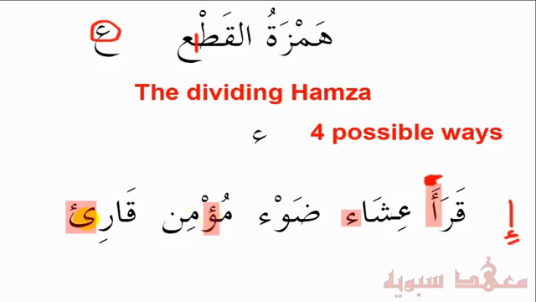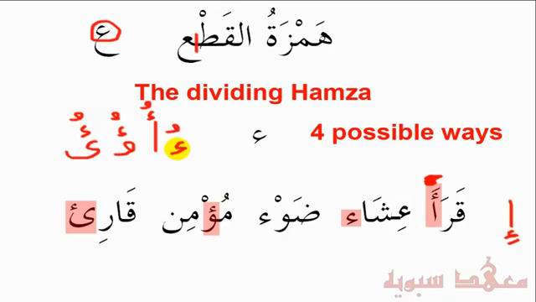Now let's say we have the Hamza alone, the Hamza with an alif, the Hamza with a waw, and the Hamza with a ya. And let's give all these the same harakah. Let's say the dhamma. Each of these will be pronounced as a u sound.